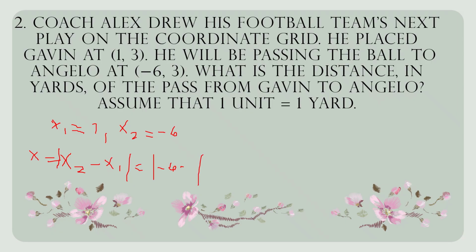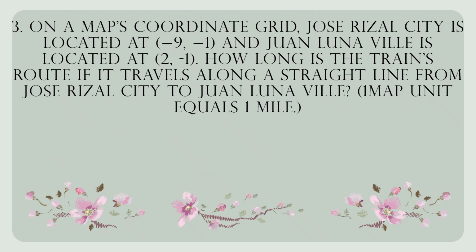That is the absolute value of negative 7, or 7 yards. Since 1 unit is equivalent to 1 yard, the distance between Angelo and Given is about 7 yards.